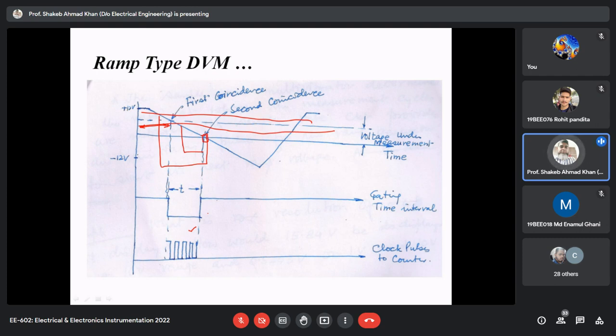For every voltage you have a different count, and you must have a relation between the counts and the voltage, and by this relation we can calibrate our meter in terms of voltage. So this is how the ramp type DVM works.